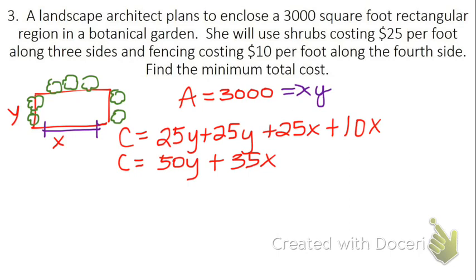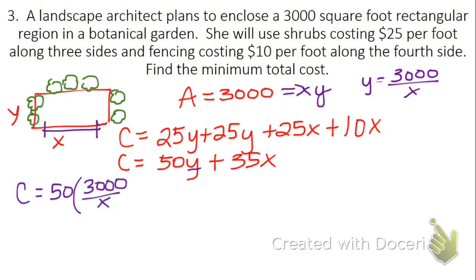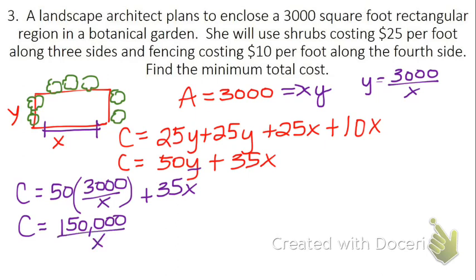I think for both of them you're still going to have to multiply by a number, so let's just solve for y, I guess. And then I'm going to plug it in here. So cost is going to be 50 times 3,000 over x plus 35x. Multiply that out. We get 150,000 over x plus 35x.